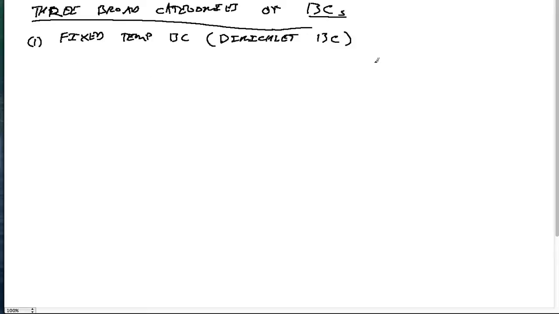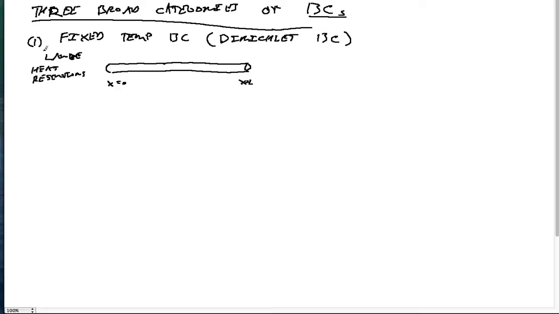And what we mean by this is, the modeling situation where we would apply a fixed temperature boundary condition is when we have a rod, x equals 0, x equals L, with very large heat reservoirs on either side.